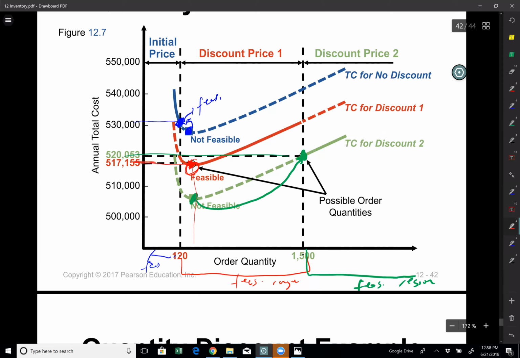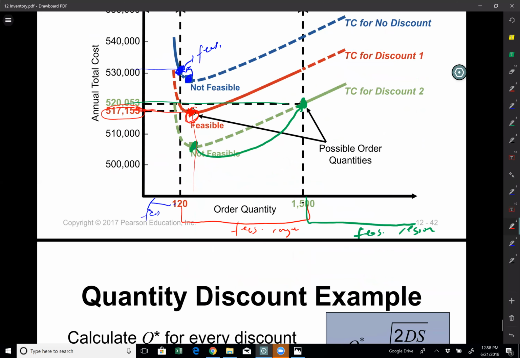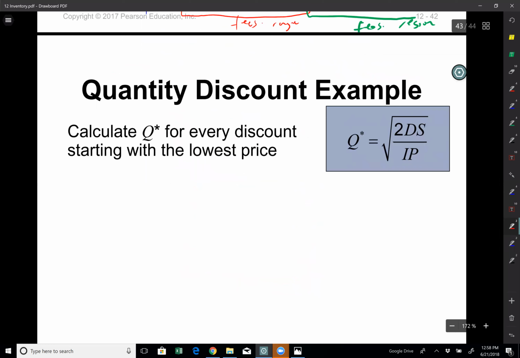I don't know the exact number in this graph, but it will give me the best feasible solution, which is the optimal solution, which is $517,155.